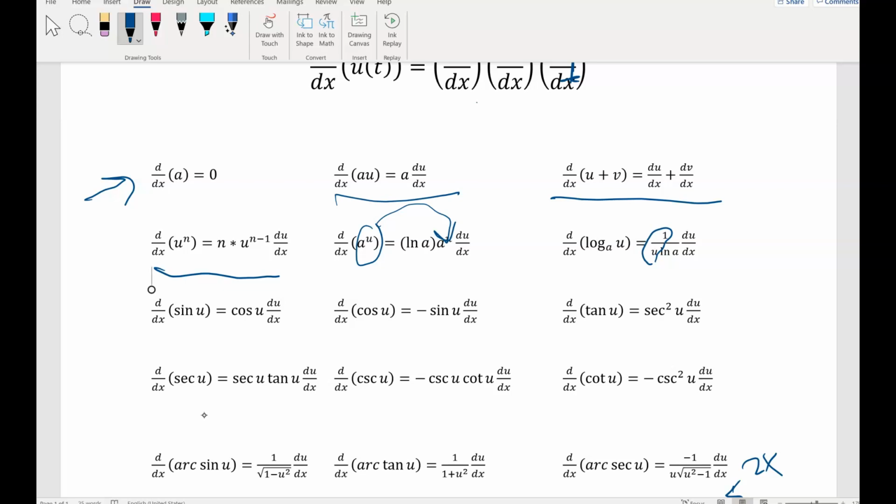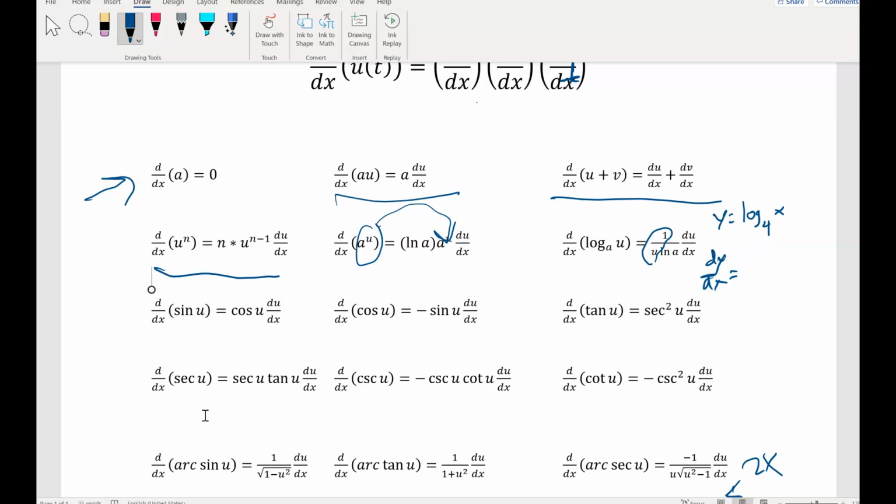And of course, because of the chain rule, you have the derivative of u. So for example, if y is equal to log base 4 of x, then dy/dx would be 1 over x times the natural log of 4 times the derivative of x, which of course is just 1.